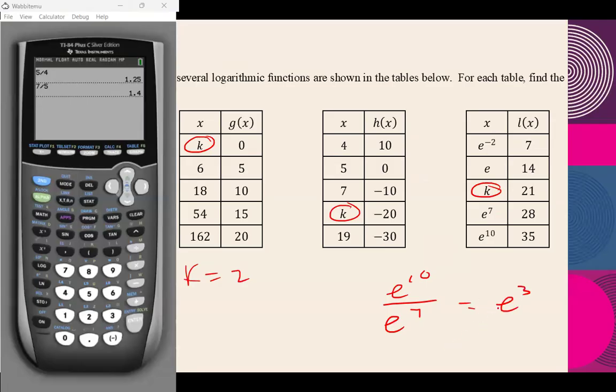So e to the 3 is what I'm multiplying by to get from one to the next. Does that make sense? So on this one, it was this times e to the 3. So from here to here, I'm going to do e times e to the 3, which just makes this what? E to the 4. So k equals e to the 4.